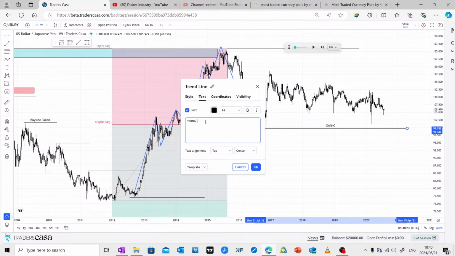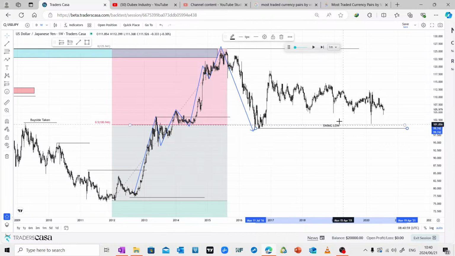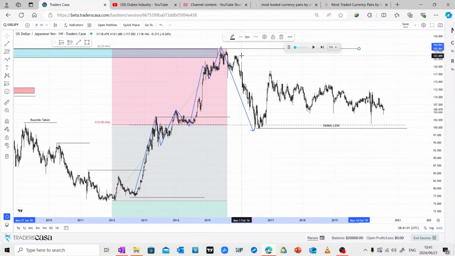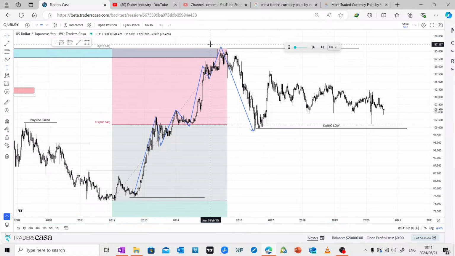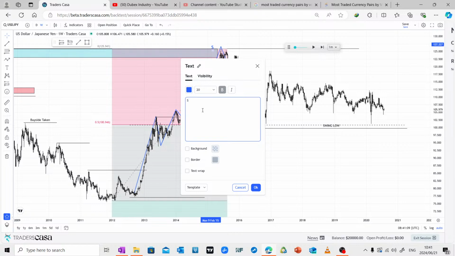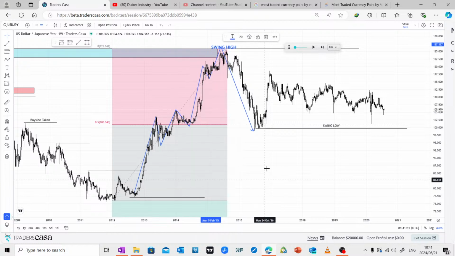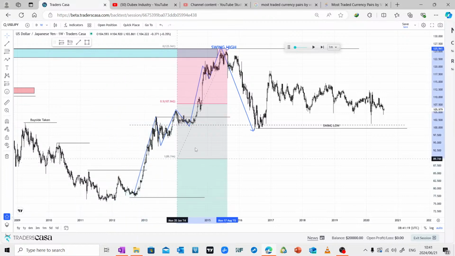Swing high, a swing low, right? And then the swing high will be this one. So this is a swing low, then know that this will be the swing high, right? I'll just label it for you guys. Swing high. Right.